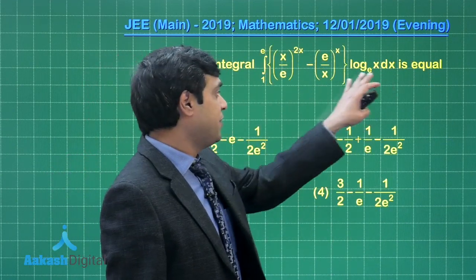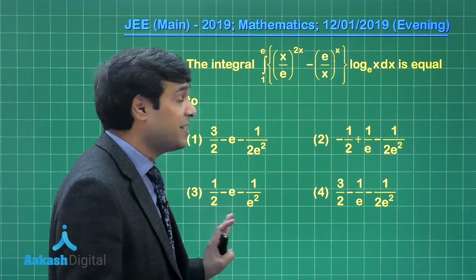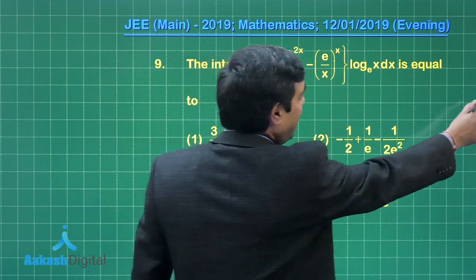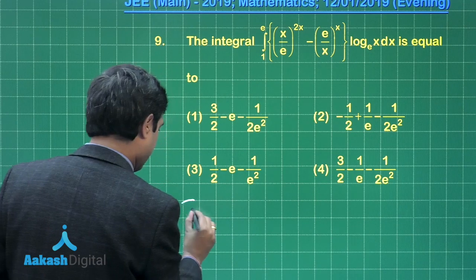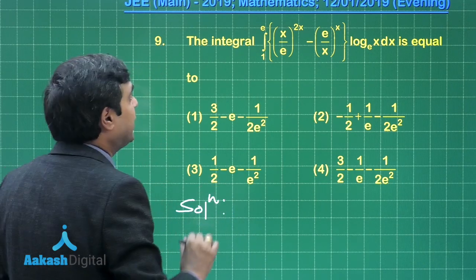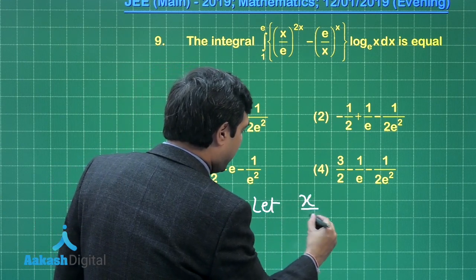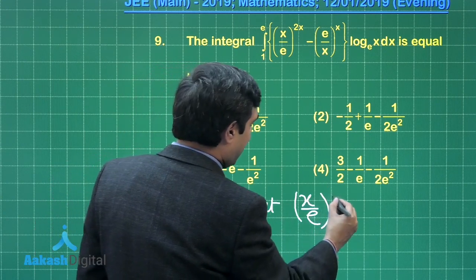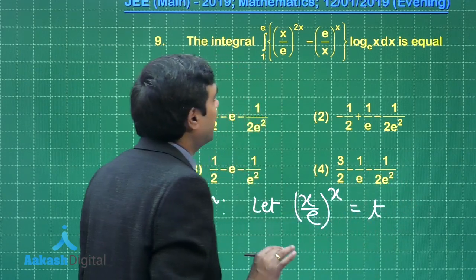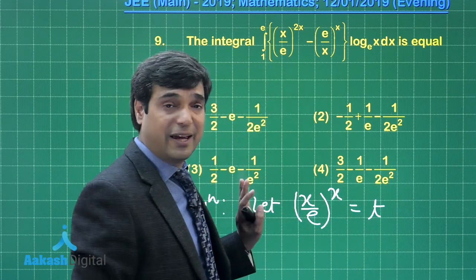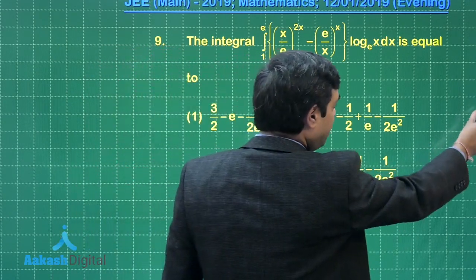The integral given to us is equal to, question from definite integral, let us start it. Here we can say let x/e^x be t, because the function is x/e or e/x type. So, let us start with this one.